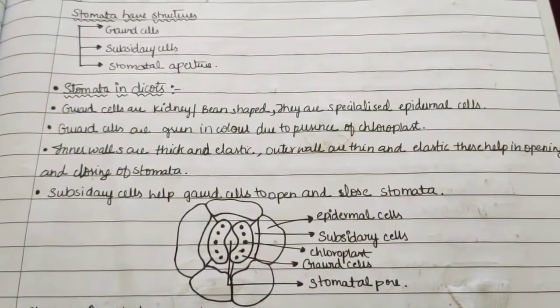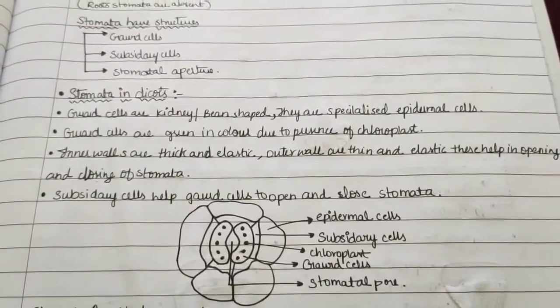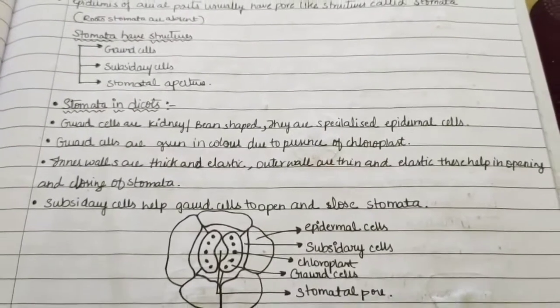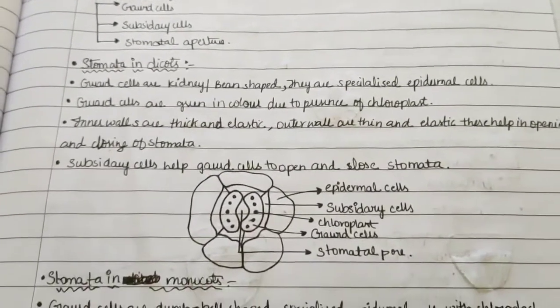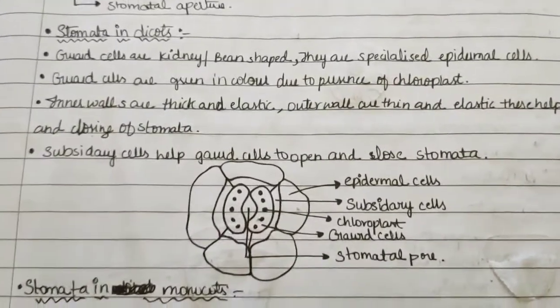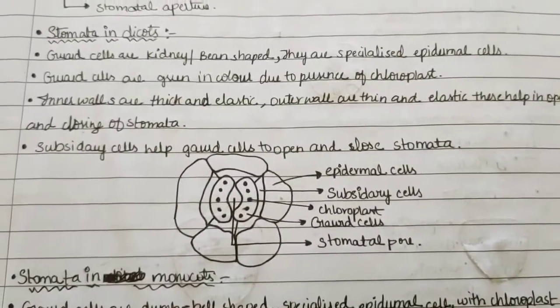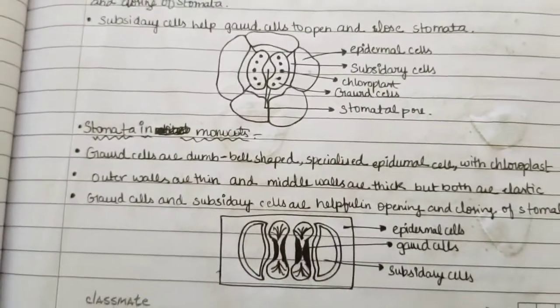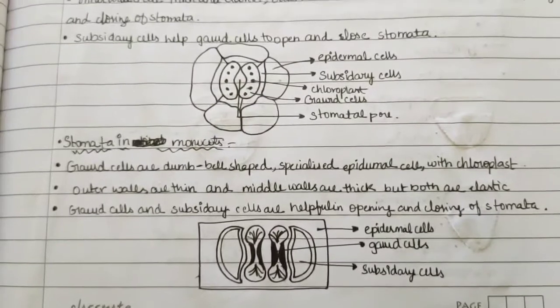The guard cells are kidney or bean shaped. They are specialized epidermal cells, and guard cells are green in color due to the presence of chloroplasts. The inner walls are thick and elastic, and the outer walls are thin and elastic. These help in opening and closing of stomata. The subsidiary cells help the guard cells to open and close the stomata. Here is the structure of stomata in dicots.